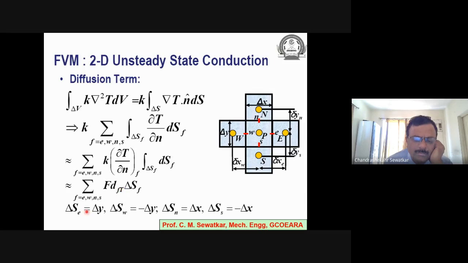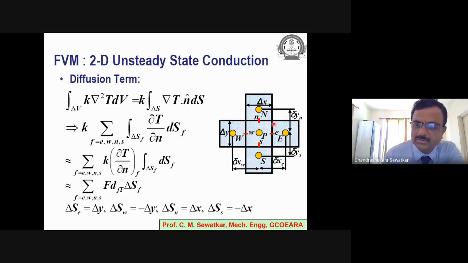Do remember here, your delta SE is delta Y, your delta SW is minus delta Y, delta SN is delta X, and delta SS is minus delta X. And diffusion flux into area gives you the total heat transfer. So FDFT into delta SF represents total heat transfer across one face, and if I sum it up for east, west, north, south, I get the total heat transfer because of diffusion across all the faces.